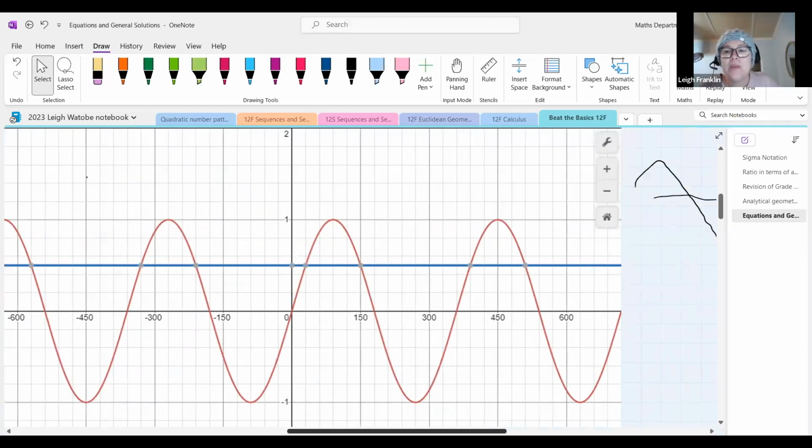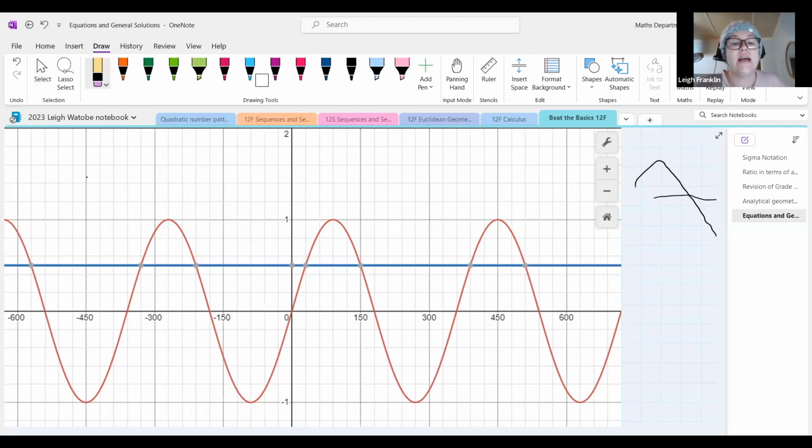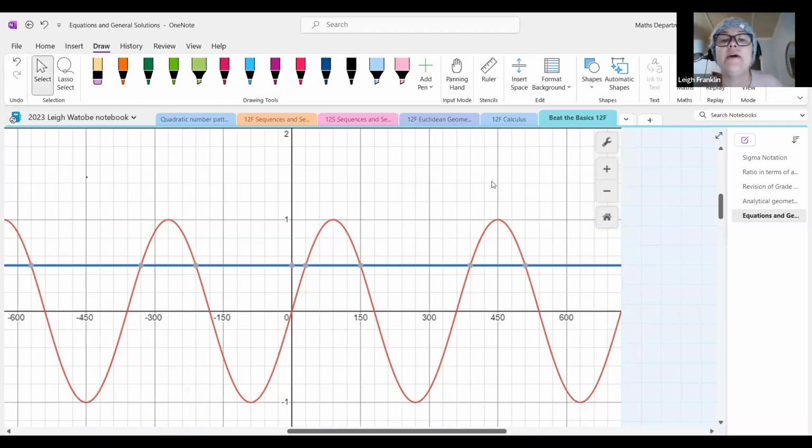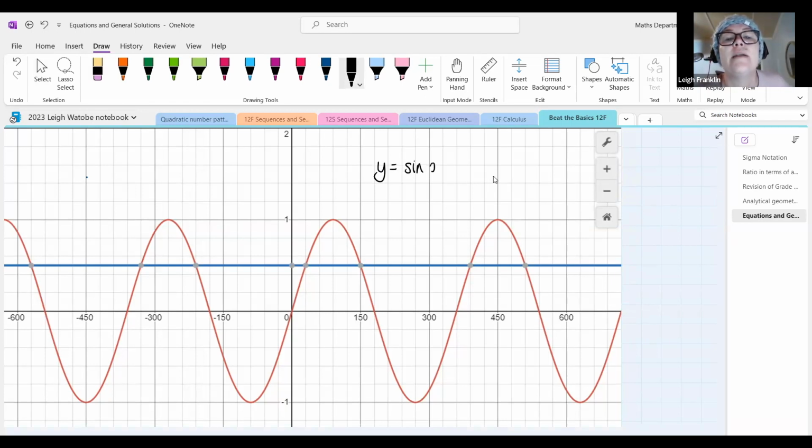Okay, right. So if you consider this blue, this is a sine graph, by the way. This orange graph is a sine graph, okay? And we have been asked to solve for, let's write it in here, y equals sine x. And let's say, in this case, your y is a half.